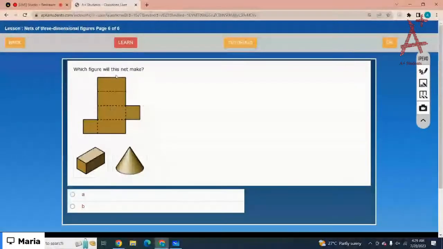You have four triangular faces, four rectangular faces, and two square faces. So it would be option number A.